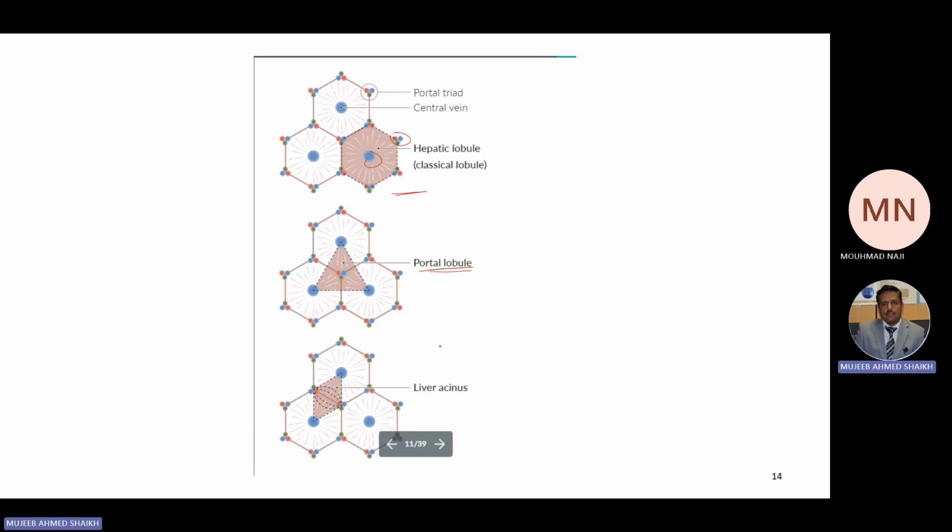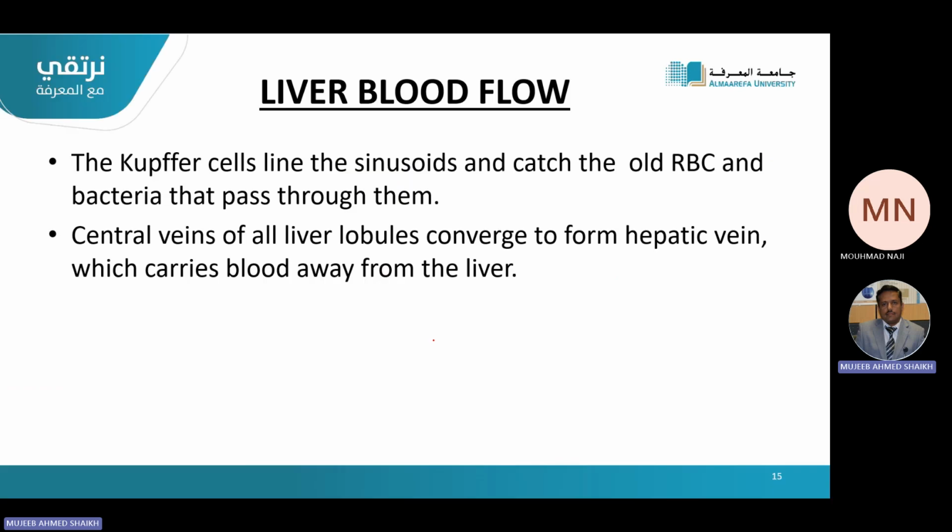These are some of the histological pictures of the liver, hepatocyte. Liver blood flow, Kupffer cells are lining the sinusoids. So if any material in the moving blood is not useful for the body, or any foreign bodies or bacteria, they will be engulfed by the Kupffer cells because they are lining the sinusoids.